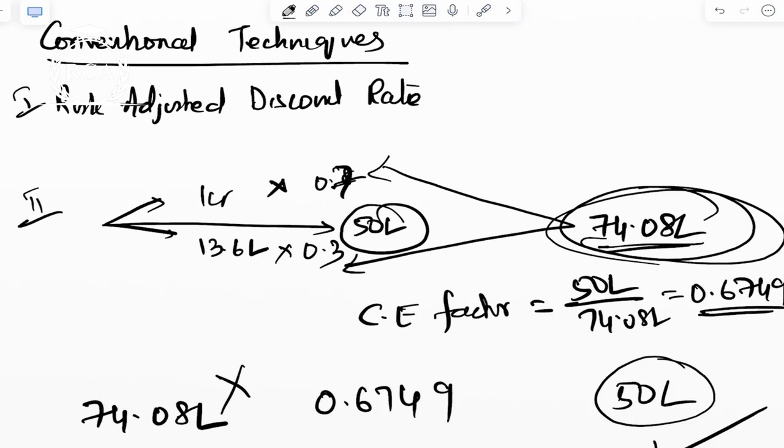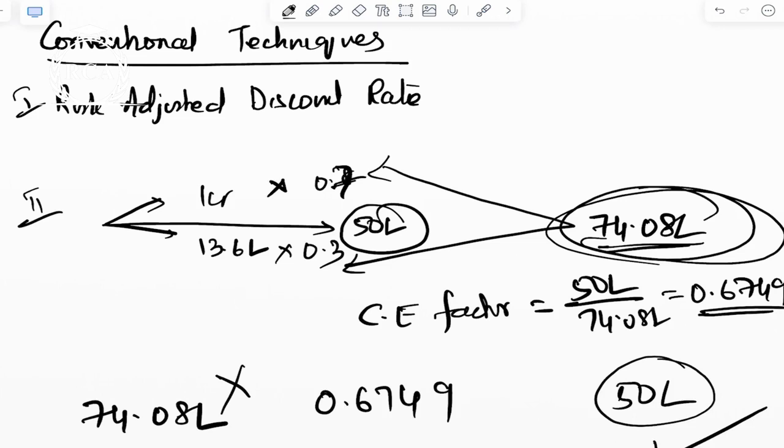Higher the risk, higher should be the discounting rate.